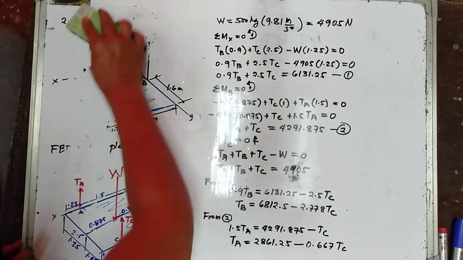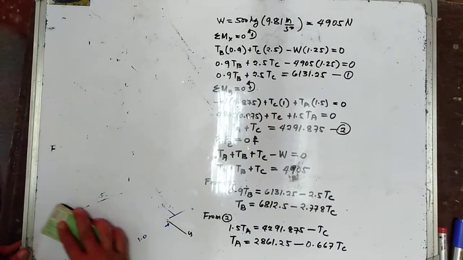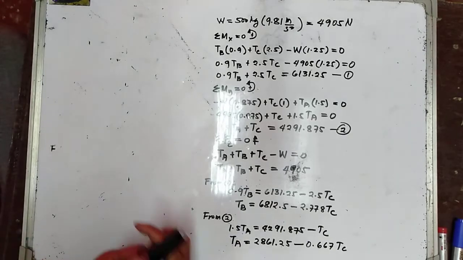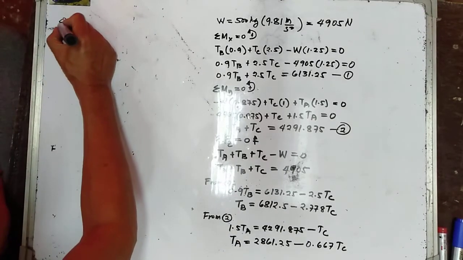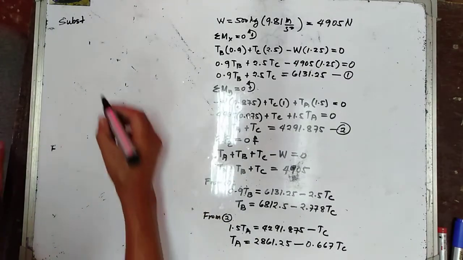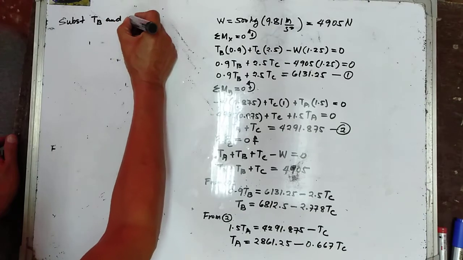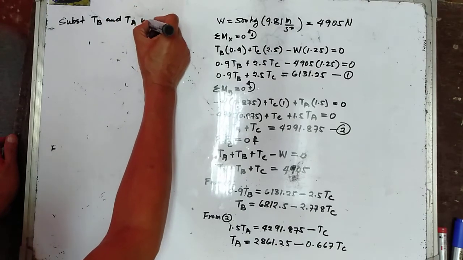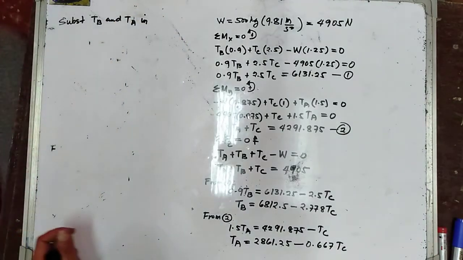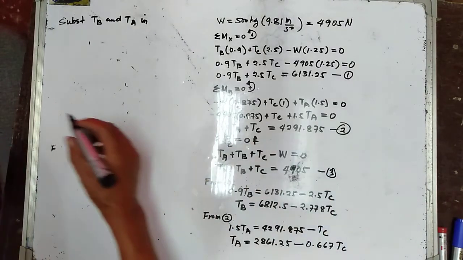This time, let us substitute the values of TB and TA in equation 3. I'm going to consider this as the third equation.